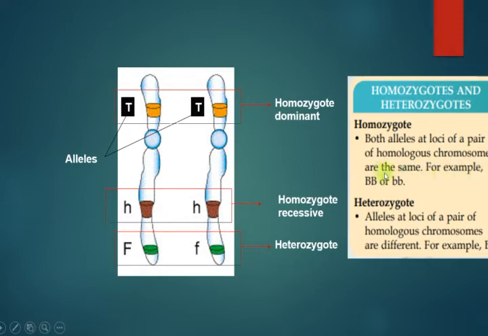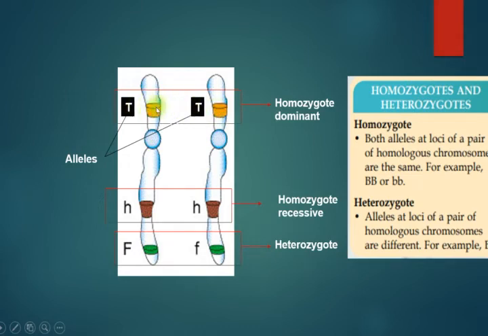For example, big T, big T. These are the alleles of a gene.